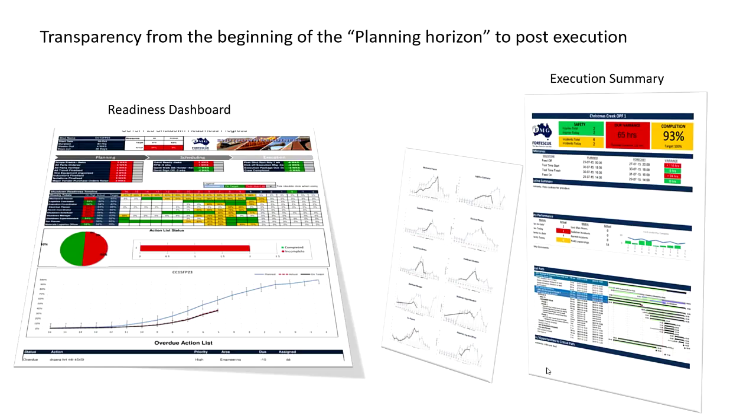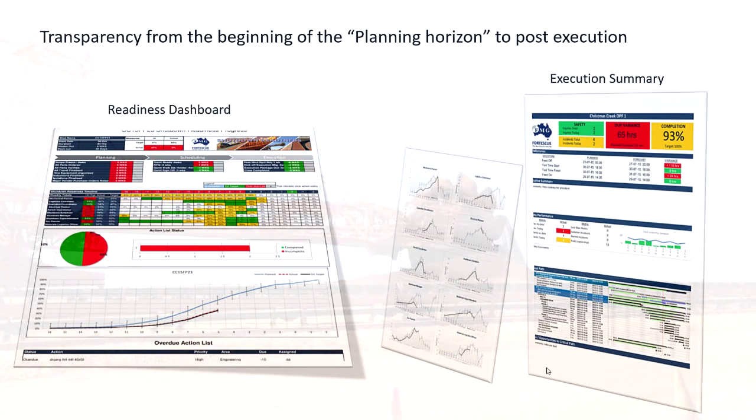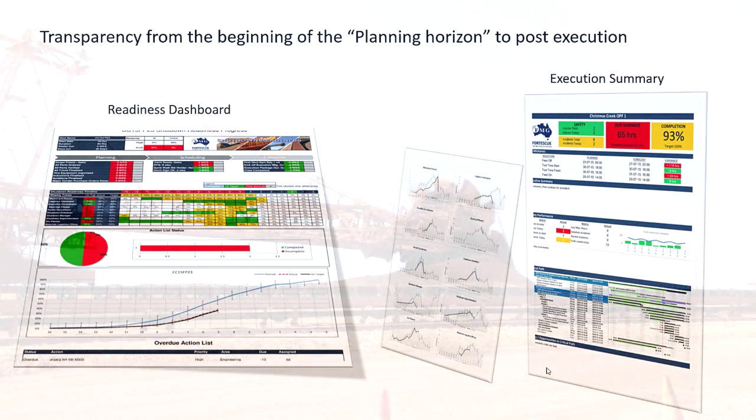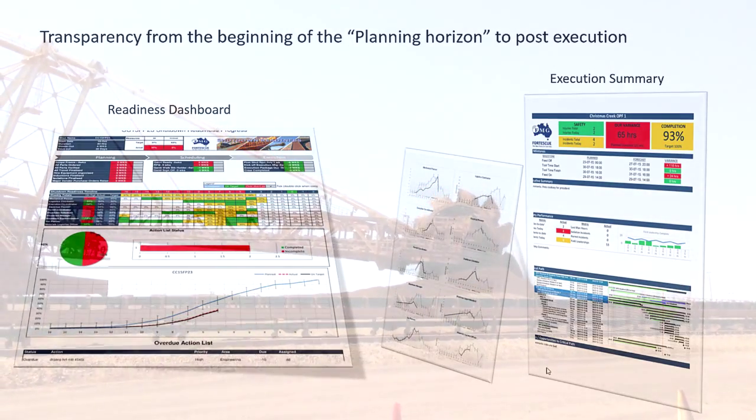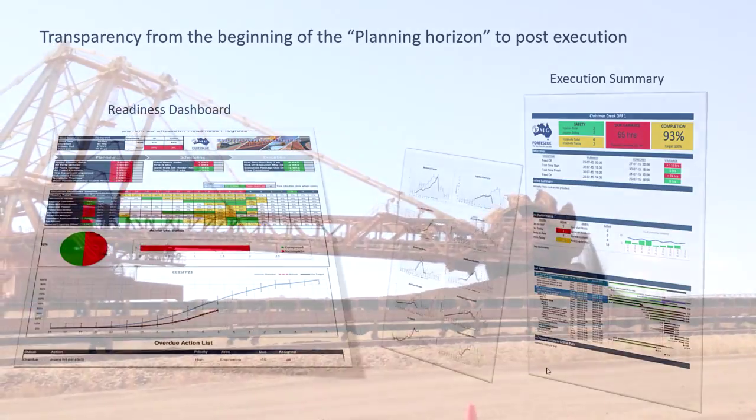This report quickly identifies the critical path and tells us how we are traveling according to that critical path. Also, as mentioned, safety, work, and other elements within this report. These reports are designed for management and are available at the push of a button as required during the shutdown readiness and execution phase.